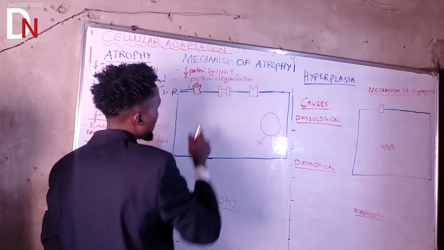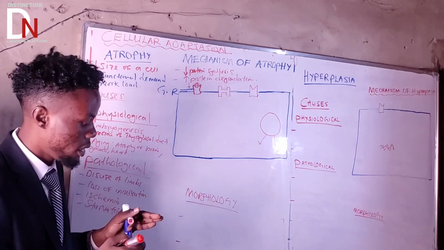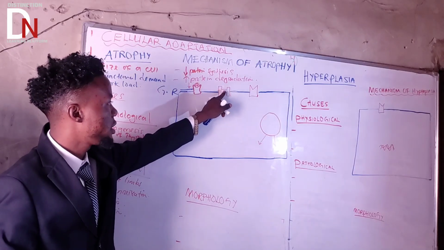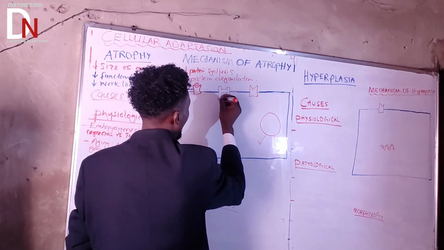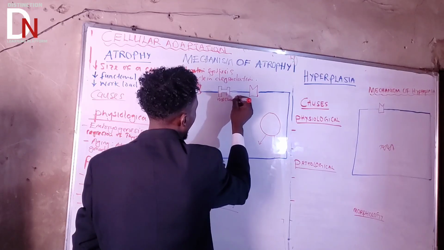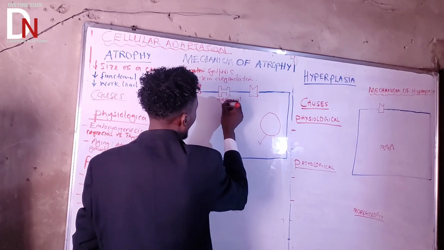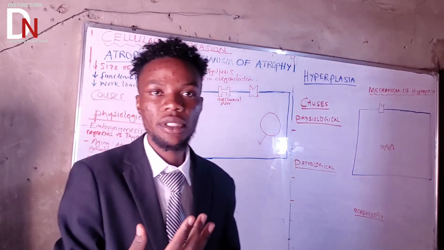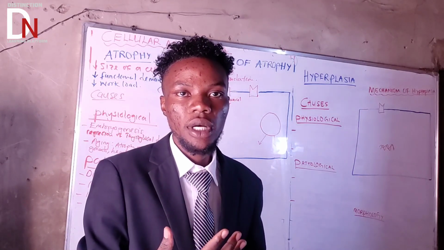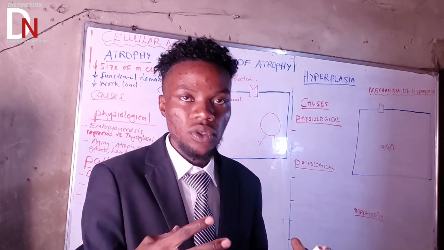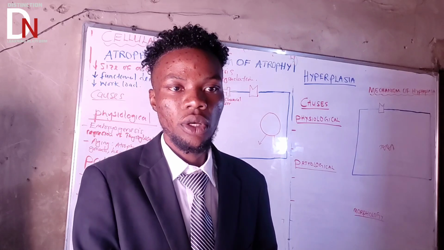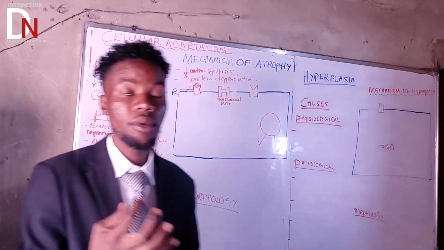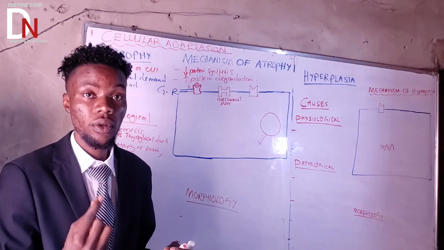There is also this one. Remember this one from the hypertrophy lesson. We said this is a mechanical sensor. Remember, how is it activated? It is activated by mechanical stretch, because there is an increase in weight load.